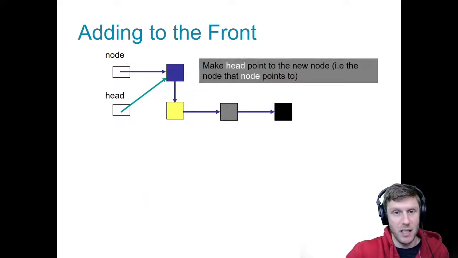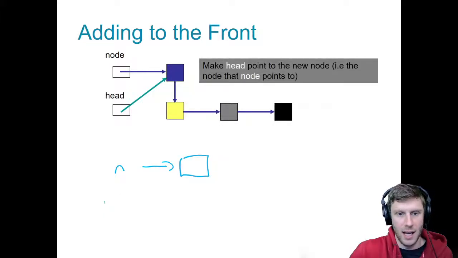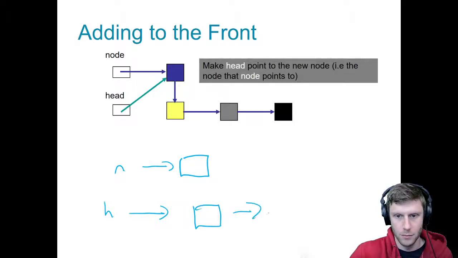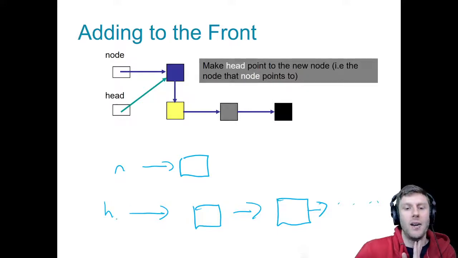Imagine for a second we did the opposite, where I had node pointed to this thing, and then head, which was pointing here. First I said, okay, node, your next is now this, and head, you now equal node. That's the correct way. But imagine I said, okay, head equals node.